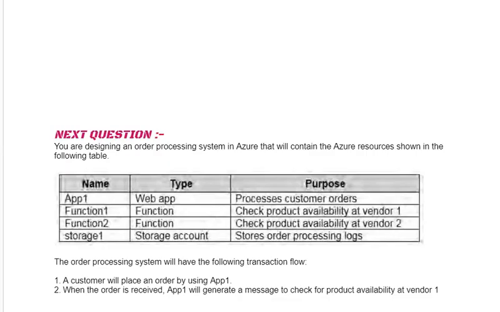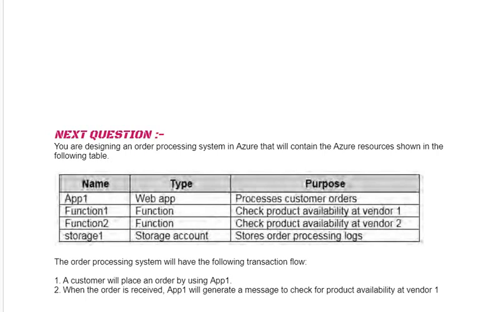Next question is, you are designing an order processing system in Azure that will contain the Azure resources shown in the following table. The order processing system will have the following transaction flow.